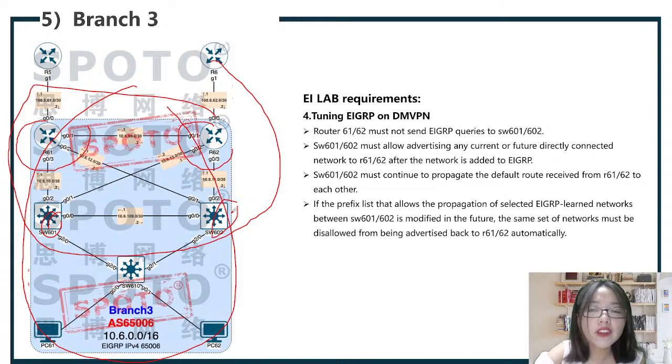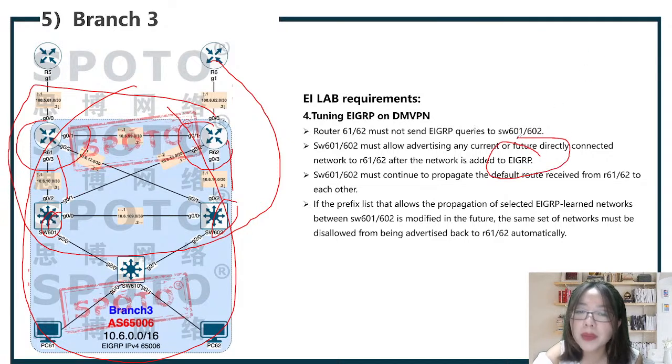must allow advertising any current or future directly connected network to router 61 and 62 after the network is added to EIGRP, and router 601, 602 must continue to propagate the default route received from router 61 and router 62 to each other.